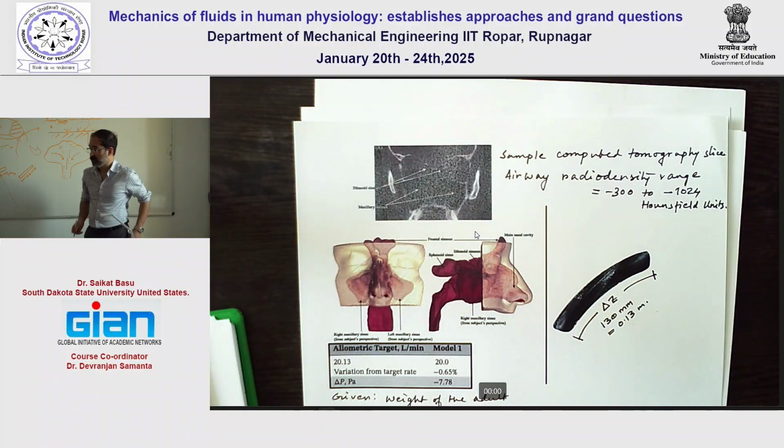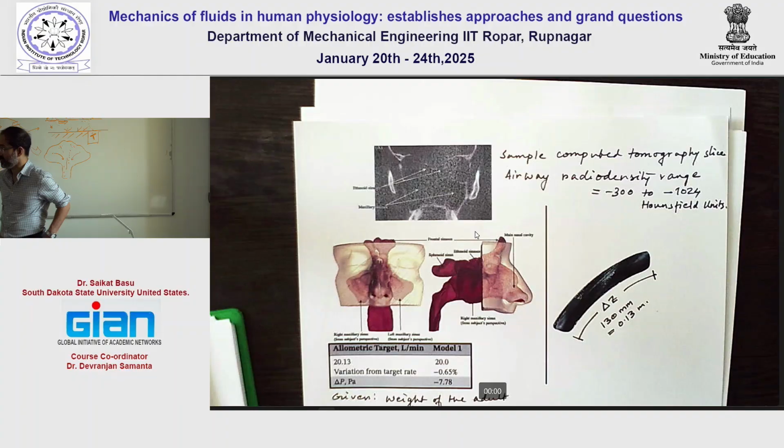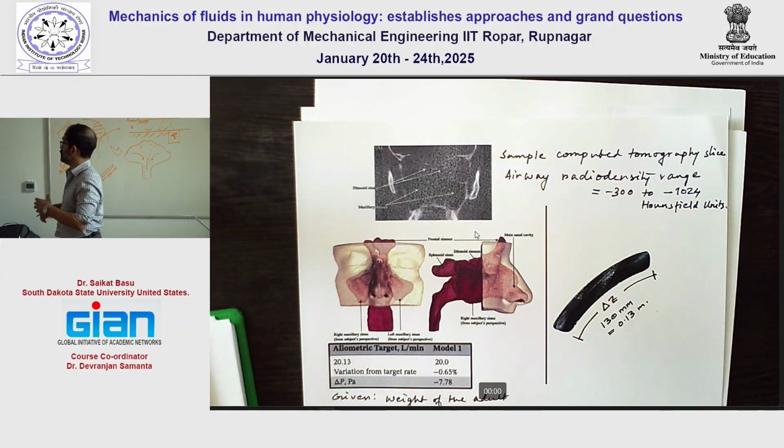You can look up what is Hounsfield unit, but basically it is the ratio of the different optical refractive indices in this kind of systems. Now, negative 300 to negative 1024, that helps in the case of, I think someone was asking yesterday, what kind of tool we use to segment and develop this kind of airspace geometries.